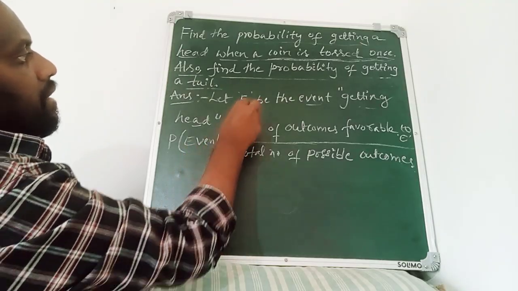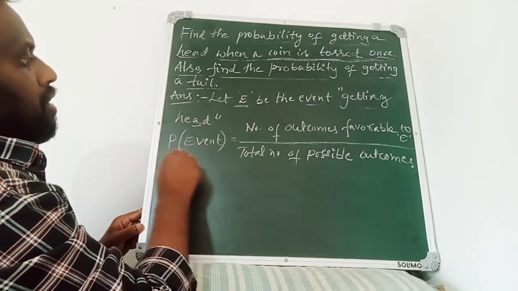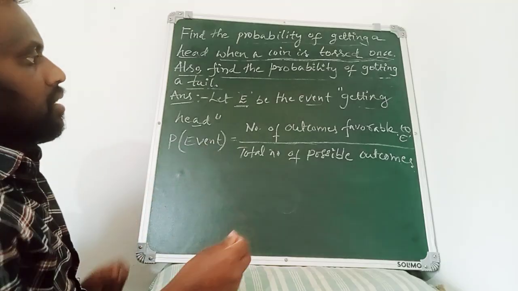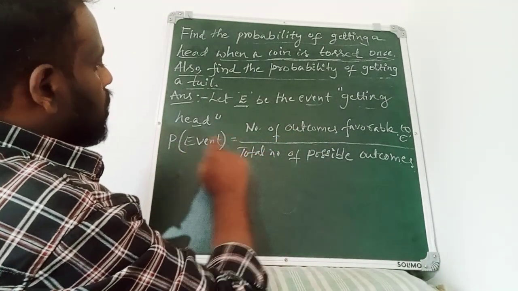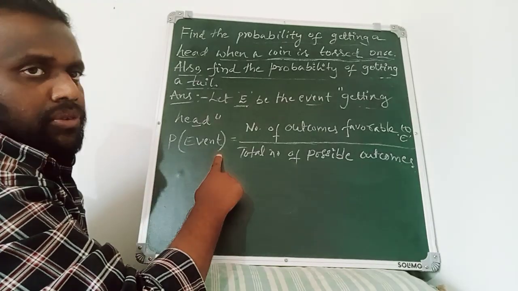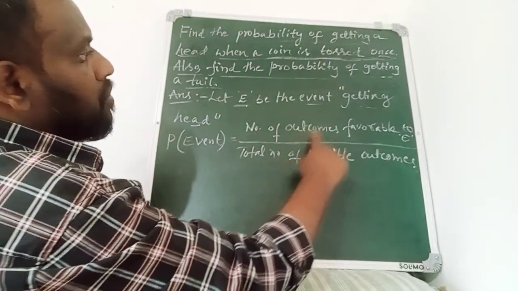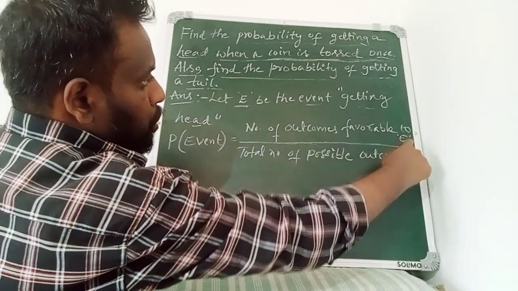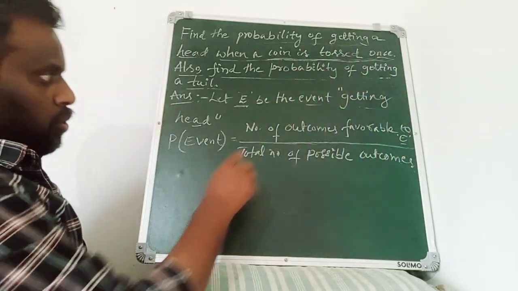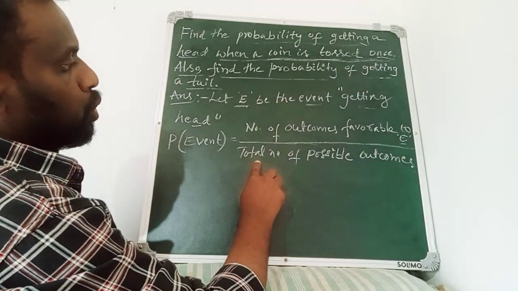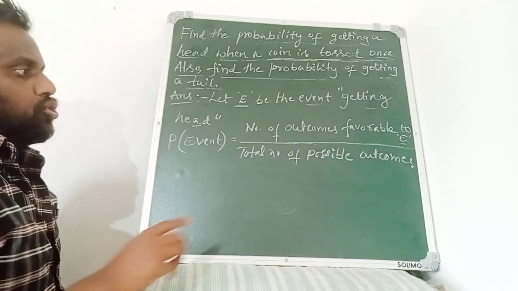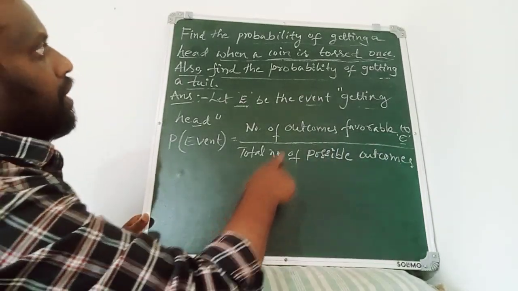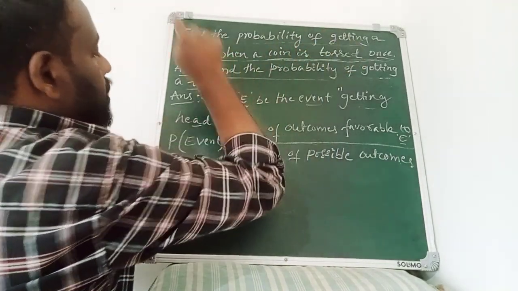In place of event I can take just E, then it will become P of E. This formula: P of E is equal to the number of outcomes favorable to E divided by the total number of possible outcomes. So using this formula we need to find the probability of getting head.